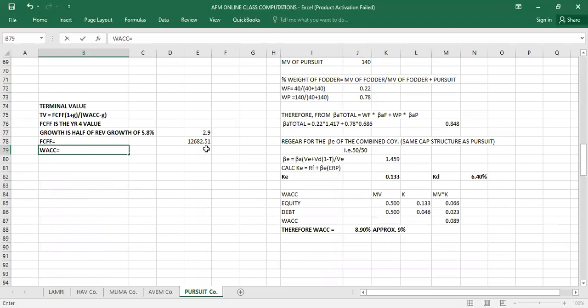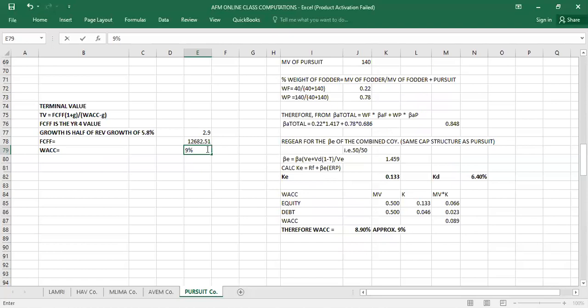Sorry, Brian. Yes, please. This half of that growth rate was for Fodaco. Now we are talking about the combined company. Is there no additional information regarding after 3 years? It's there in the combined company. They said free cash flow growth rate will be half the sales revenue growth rate.